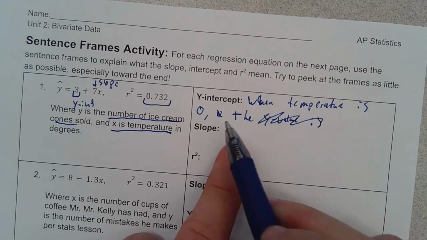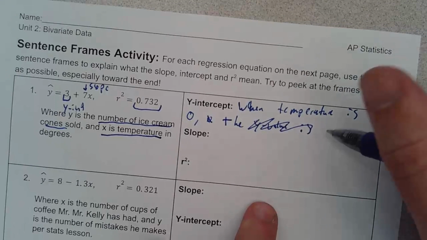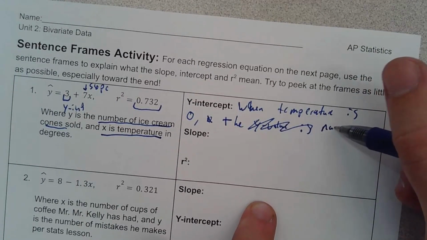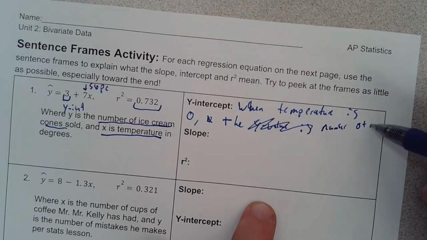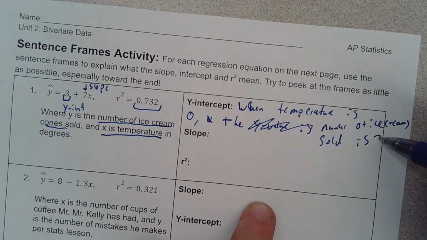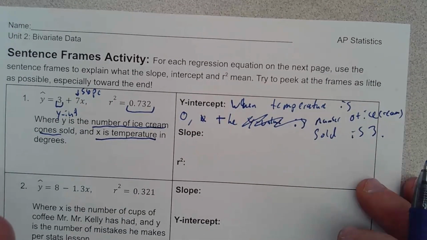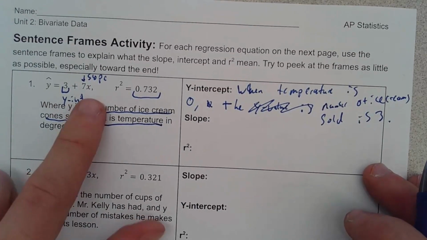When the temperature is 0, the y value is the number of ice creams sold. My bad. The number of ice creams sold is 3. That's the sentence frame.